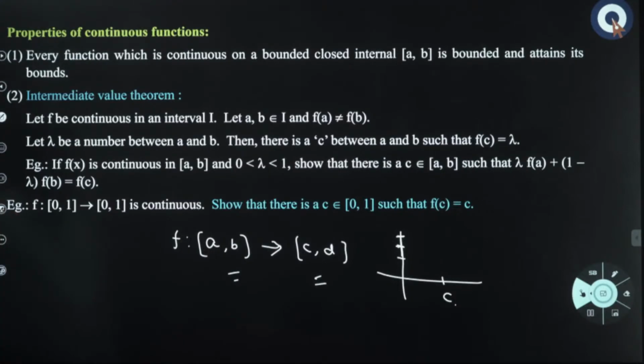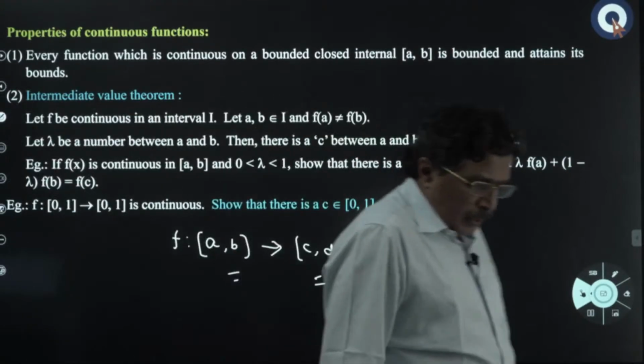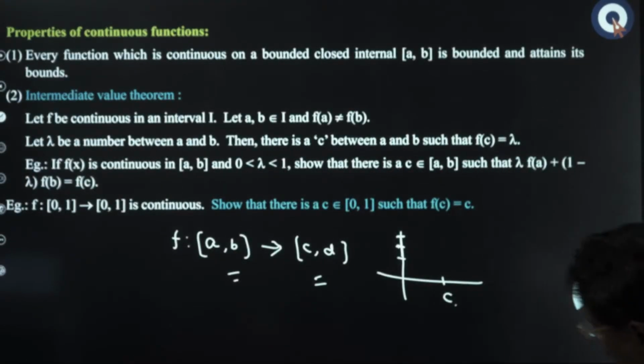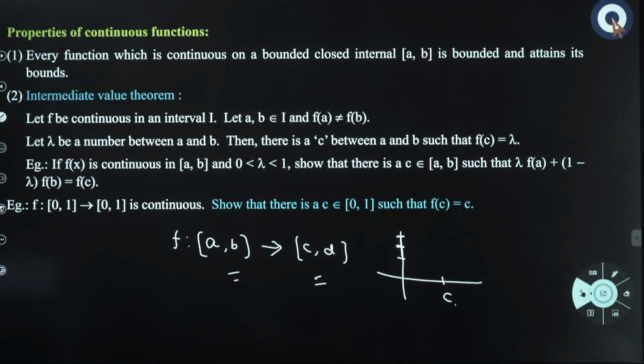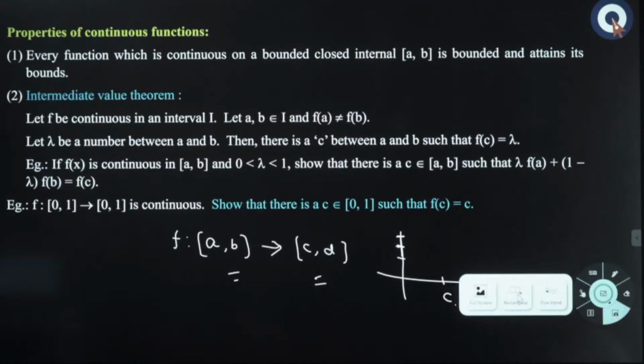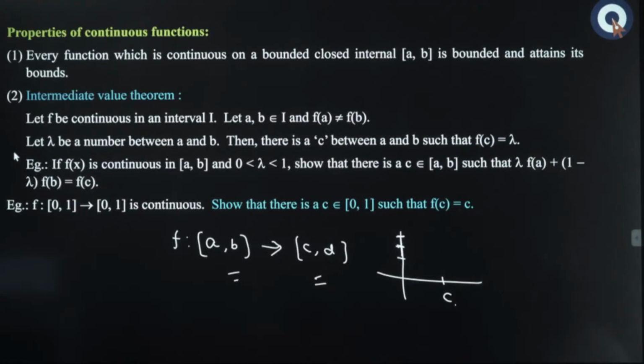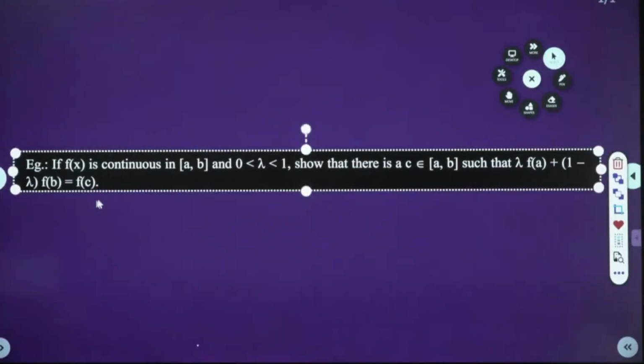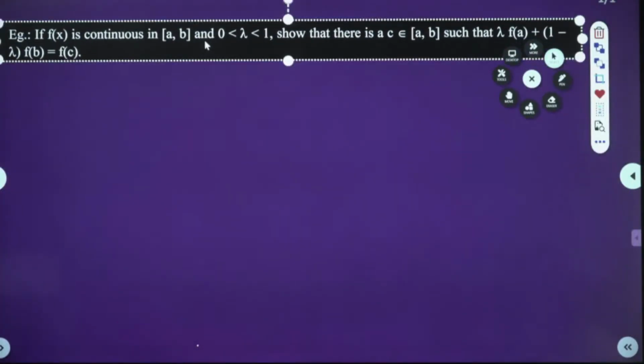Let us do one problem to illustrate this. As there is no space, I will just take this problem on a separate canvas and then try to do this. All right.